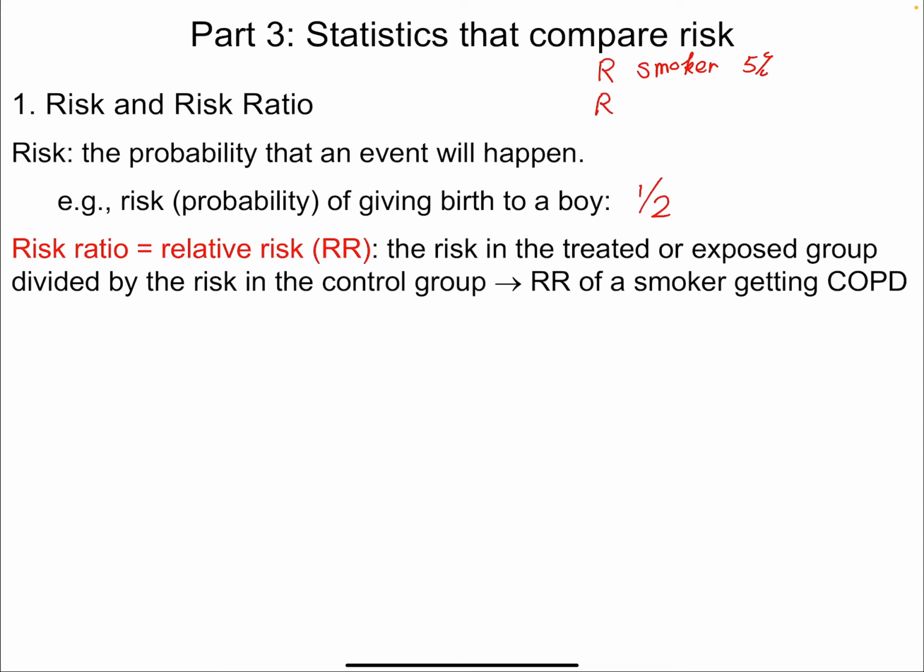Risk of non-smoker is 0.5%. Risk ratio of a smoker getting COPD is the ratio between these two risks. Therefore, risk ratio in this case equals 10.